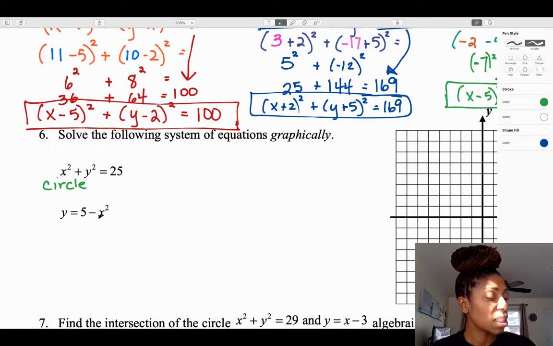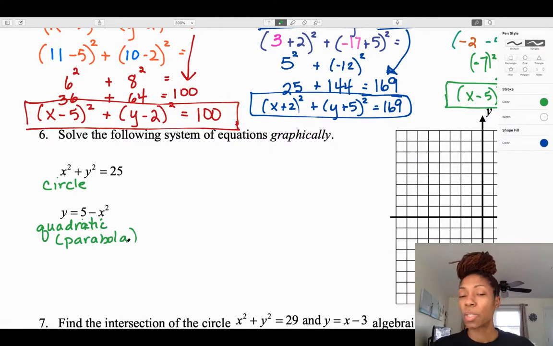Now, what do you think this equation is? Well, this one has x squared, and I believe this one's going to be quadratic. Quadratic makes a parabola. So I'm going to go in my calculator and get a table of values. Y equals 5 minus x squared.